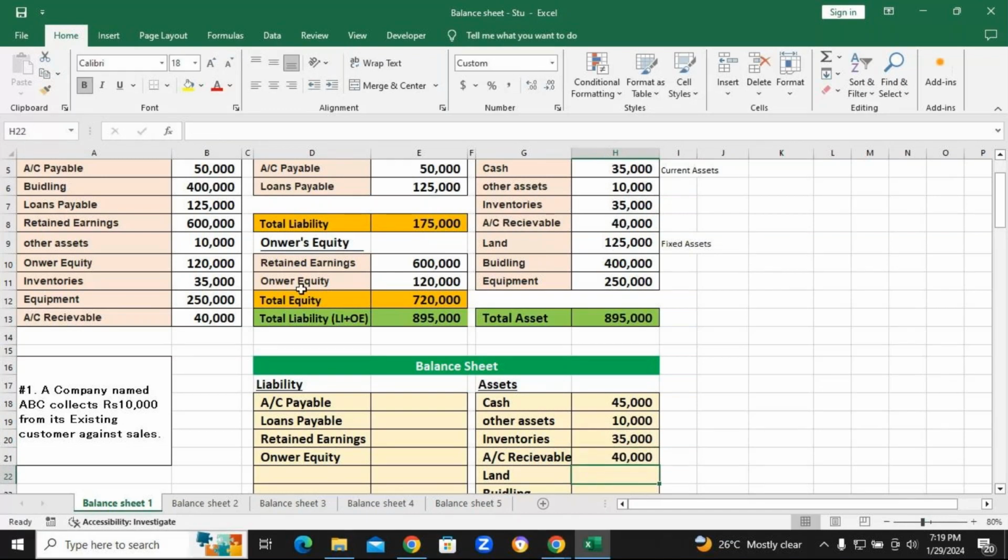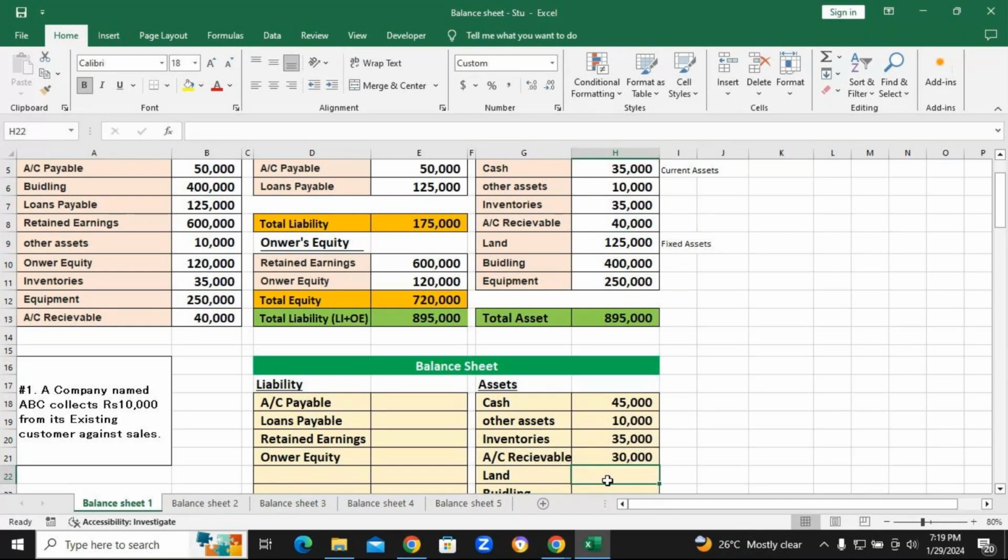So account receivable, if you see here, they are telling that whatever the existing customer, I am collecting the 10,000 rupees from them. So here in account receivable, where I am receiving the cash from, I have to reduce 10,000 rupees. So I'll subtract 10,000 from this. When I have received the 10,000 out of 40,000, the remaining 30,000 I am yet to receive.